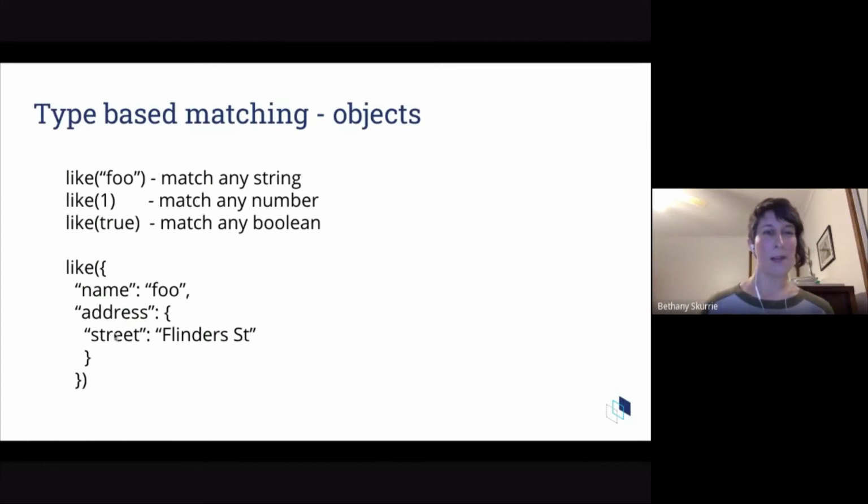And 90% of the time you would wrap a like around the entire response body. There are very few reasons where you'd want to do an exact match. There are a few good reasons why you might want to do a regular expression match, but most of the time, you just want a like. You don't really care about the values in the fixtures on the provider. You just care that the shape of the document looks the way that you think it should. Okay.